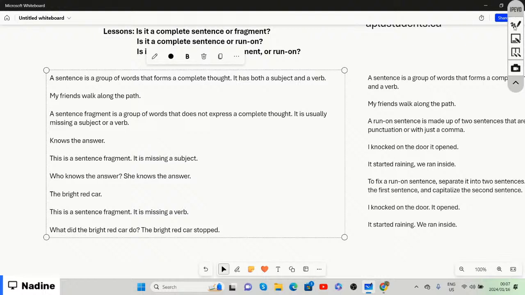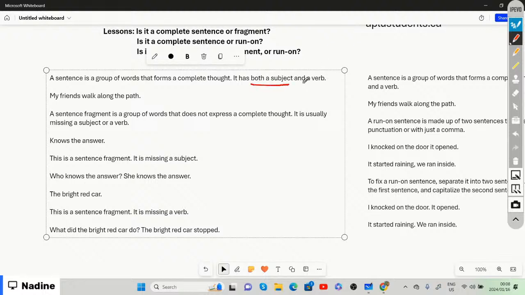a sentence is a group of words that forms a complete thought. And once it completes a thought, then it basically means that it has both a subject and a verb. So once it has both a subject as well as a verb within a specific sentence, then that is a proper sentence.